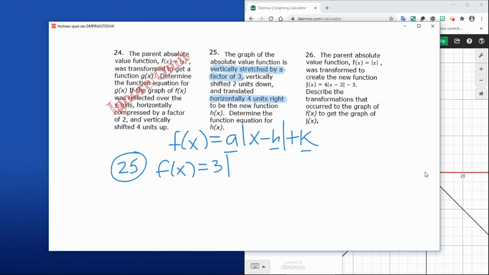So they're horizontal to the right. If it's 4 to the right, we're going to do the opposite. Instead of positive 4, we're going to say x minus 4. And then because it's being shifted 2 units down, we're going to do minus 2.